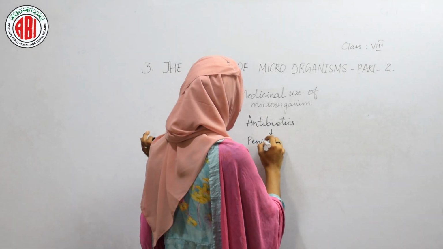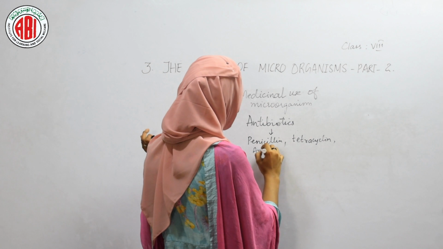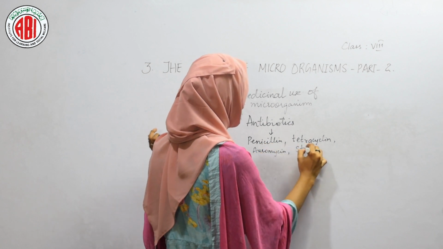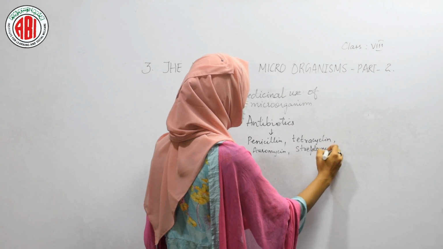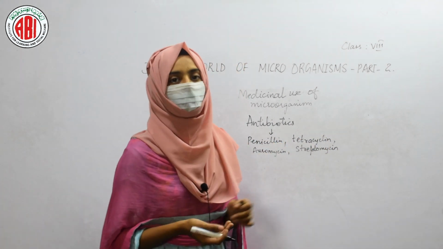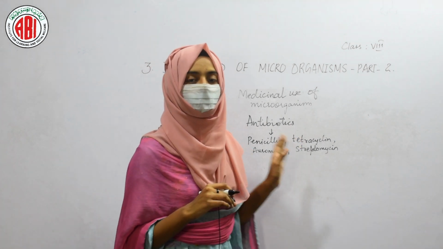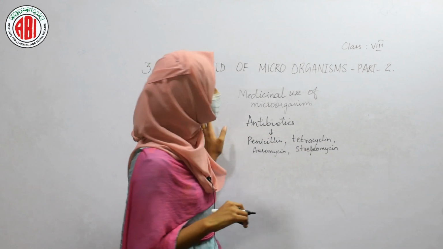Some of the antibiotics are penicillin, tetracycline, oromycin, streptomycin, and many others that help us treat many diseases and also help to control or deactivate bacterial action in the body.